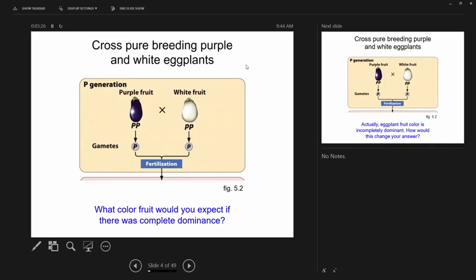Let's use the eggplant example. Who wants an eggplant parmesan, right? So if you look, a lot of the eggplants in the grocery store are these very pretty dark purple ones. They've also got some white ones. And purple is dominant over white, and you get a big P allele. White is little p allele.